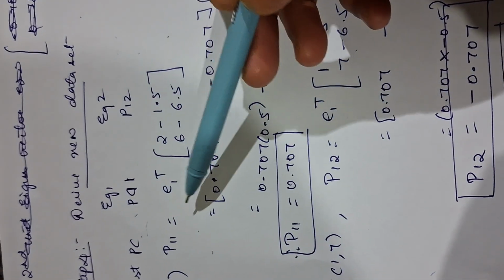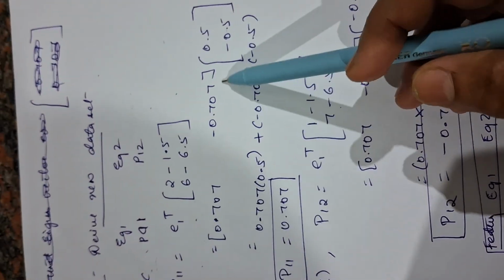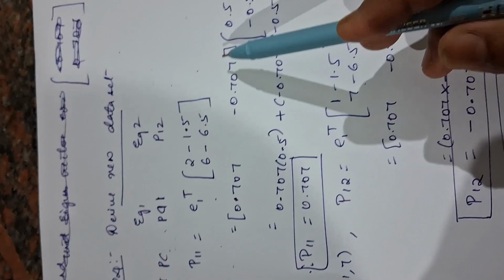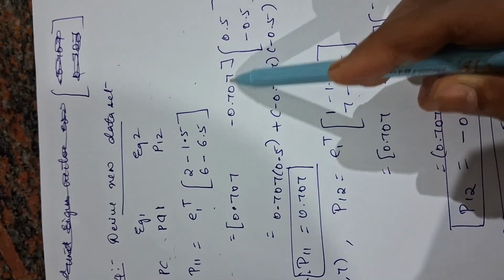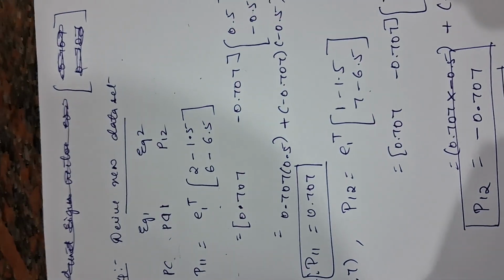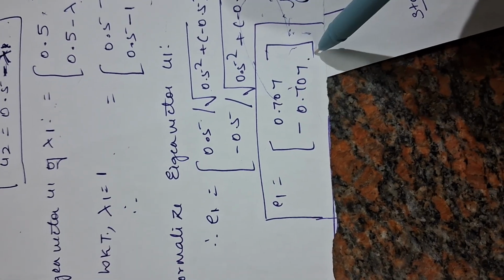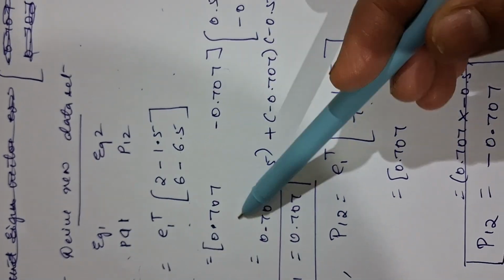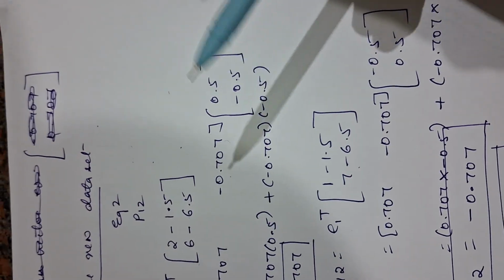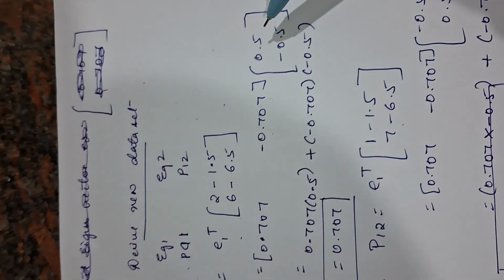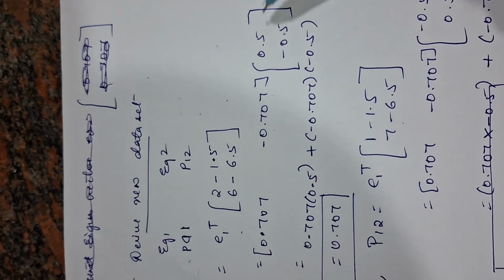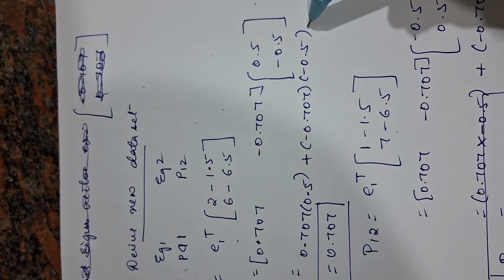So how do you find p11? Take the eigenvector which I got for the first principal component. What was it? The first principal component eigenvector was this, 0.70, minus 0.70. I have taken that here. Just multiply that with 0.5 and minus 0.5.